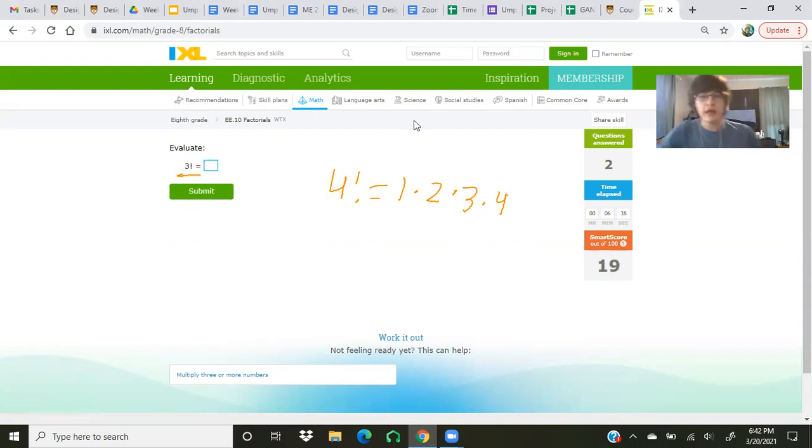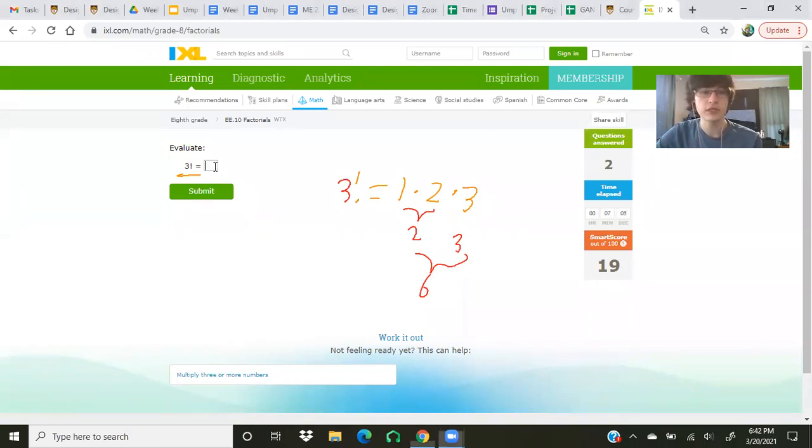Well, now we have 3 factorial. So we have 3 exclamation point, which just means 1 times 2 times 3. So we can erase the 4. So 1 times 2 is 2. 2 times 3 is 6.